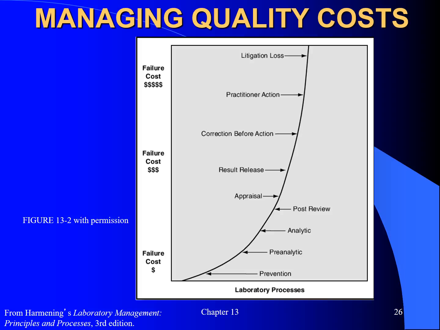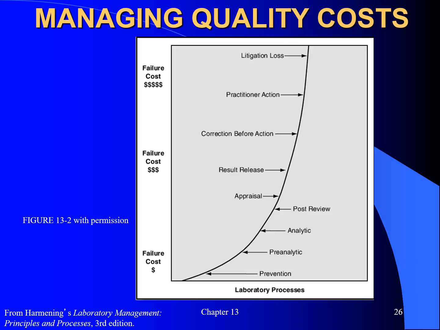Figure 13-2, failure cost as a function of detection point in laboratory processes. The cost of quality for a given issue grows larger as the issue progresses through the laboratory's path of workflow toward the user or customer.